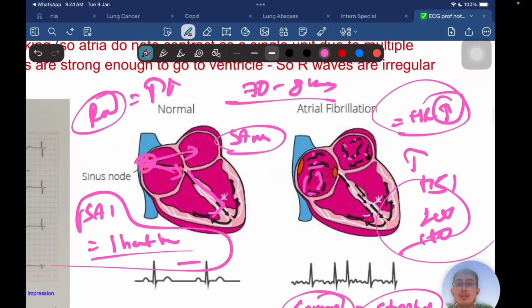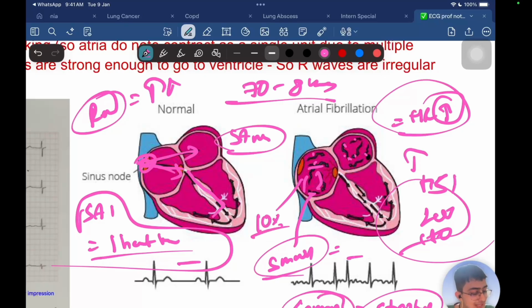But now there are so many signals, many small SA-node-like sources in the heart, but each of them is very small. They produce such small signals that only, let's say, 10% of them are large enough to go into the ventricle. 90% of them are too small to go into the ventricle. In the case of the SA node, every single signal was strong enough to go into the ventricle, so one signal, one heartbeat.